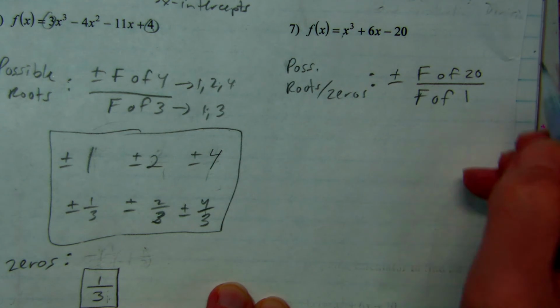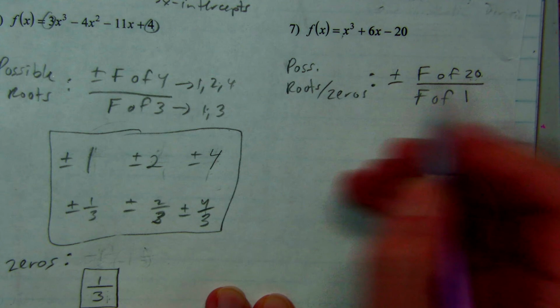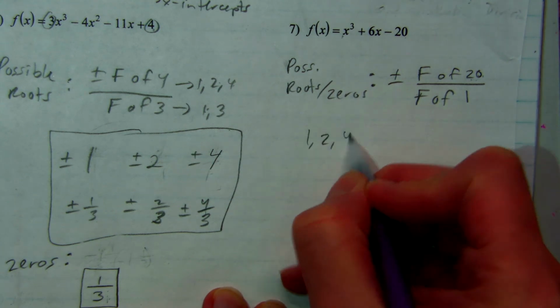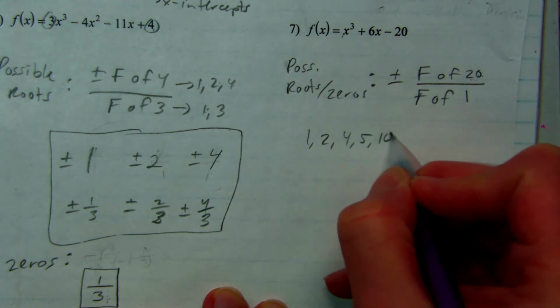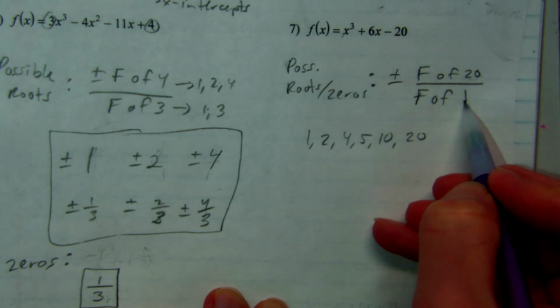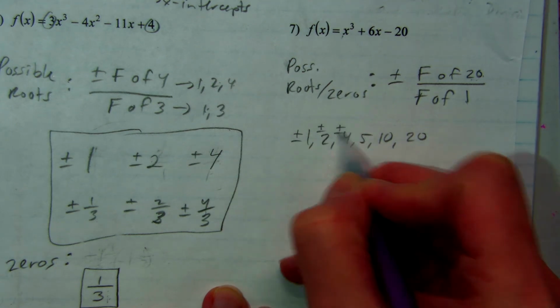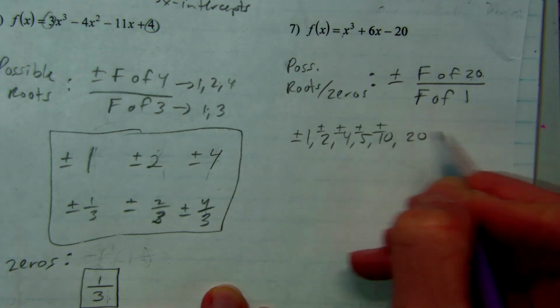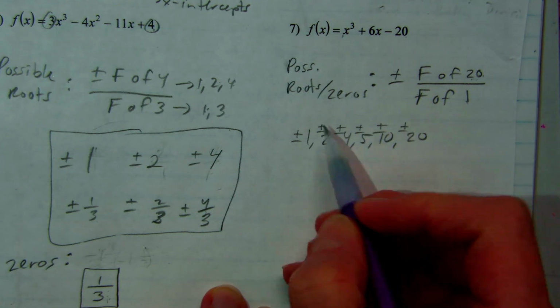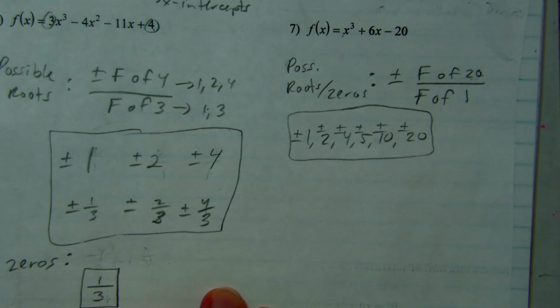Okay, so the factors of 20 are basically 1, 2, 4, 5, 10, 20. Did I miss anything? And then they're all going to be over 1. So I'm just going to put a plus or minus in front of each of these. And because they're all whole numbers, it should be pretty easy to see. So this was my possibles, which is the first answer I have to give.